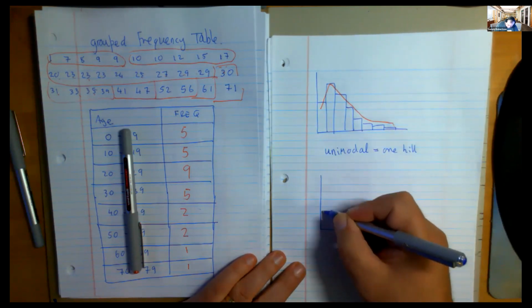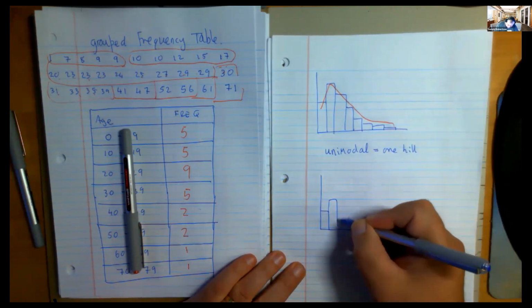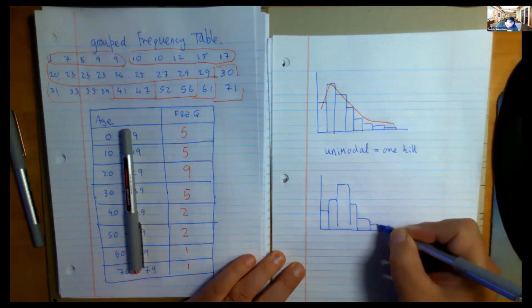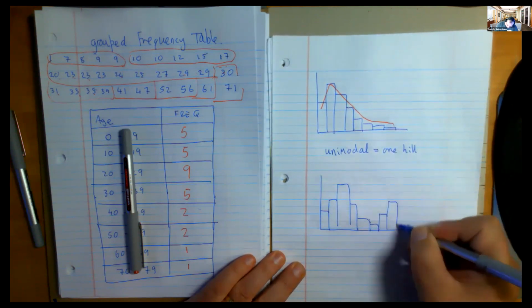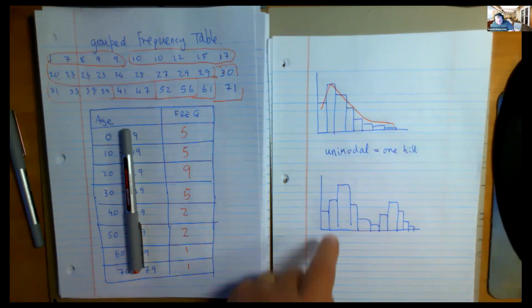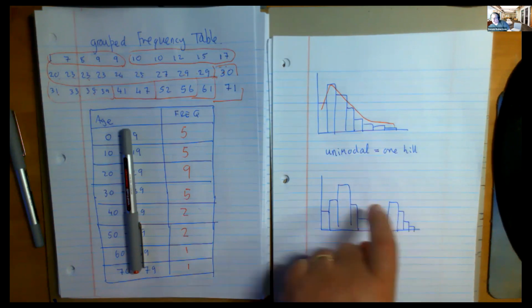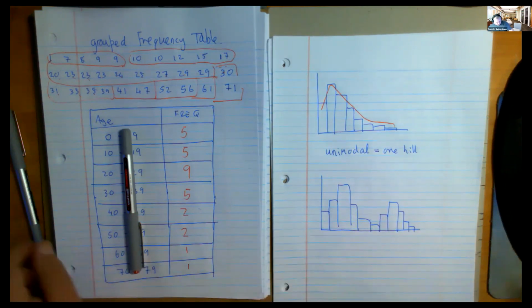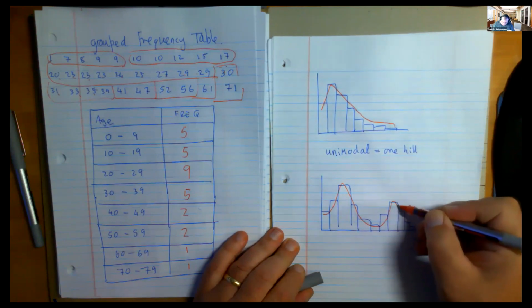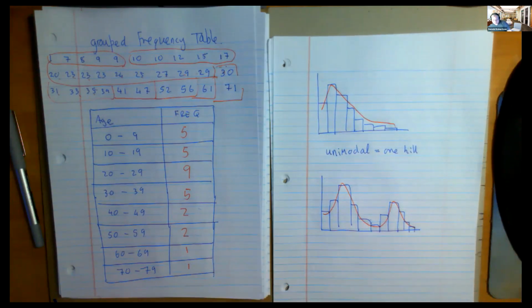Can you imagine that you might get data that's really got two hills? The hills don't need to be the same size, but would you agree that there is one hill here and then it picks up again and it goes down again, right?